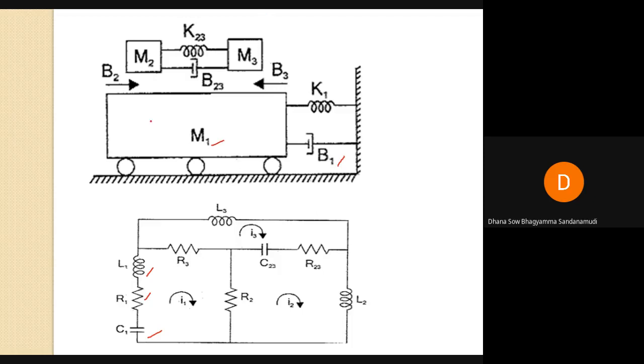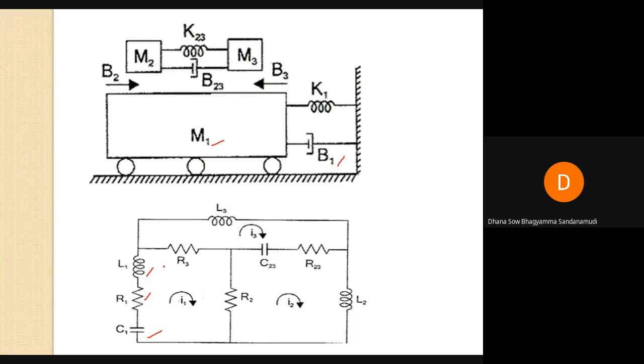Now if you observe, between M1 and M2, B2 is there. Between M1 and M3, B3 is there. B2 is R2, and B3 is R3. B3 is nearby to K1 and B1.